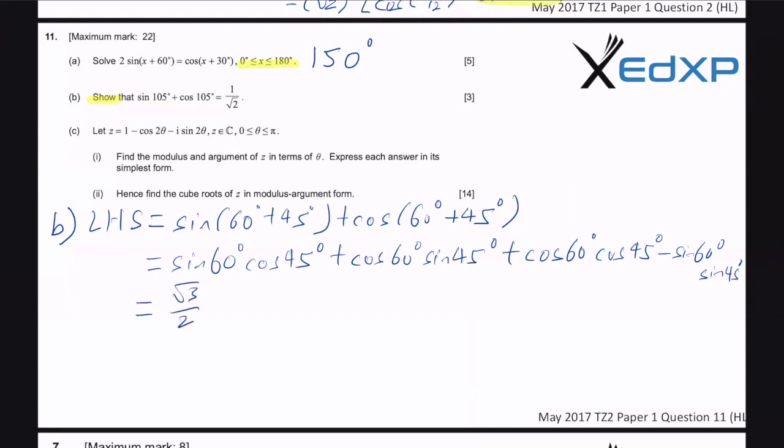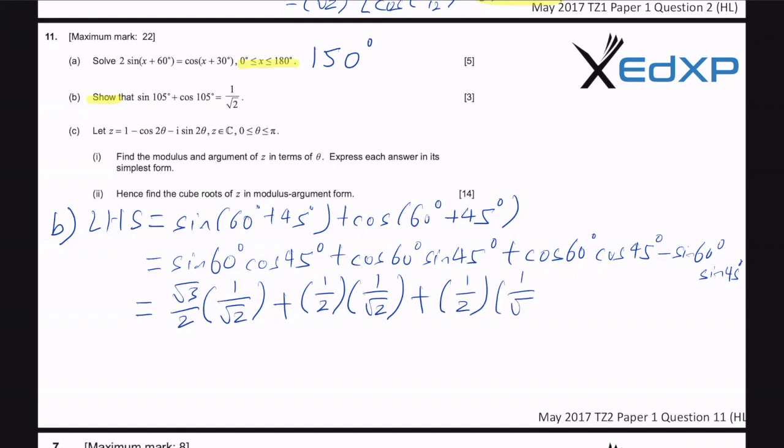Sin 60 is root 3 over 2. Cos 45 is 1 over root 2, plus cos 60 is half. Sin 45 is 1 over root 2. So we can simplify. You need to know all your special angles very well to do this question. Sin 60 is root 3 over 2. Sin 45 is 1 over root 2.